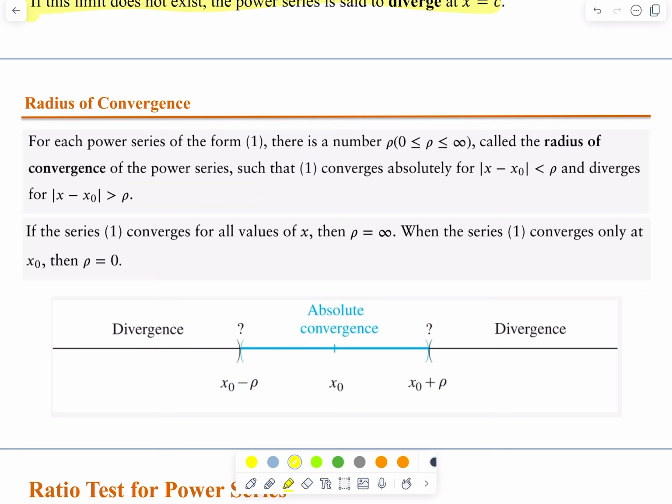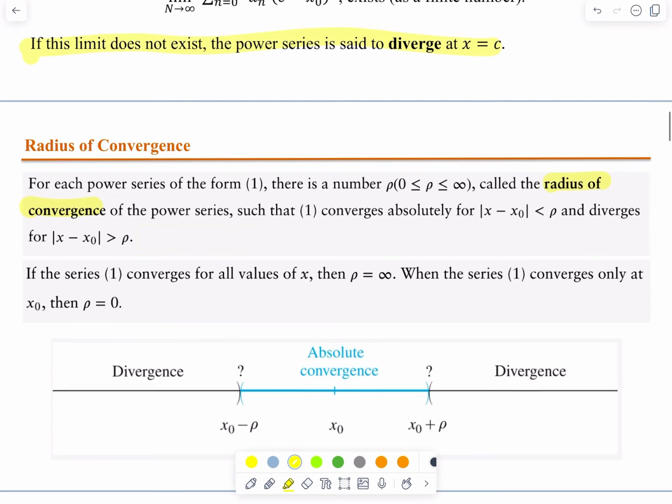This is called the radius of convergence of the power series, such that the series converges absolutely for the absolute value of x minus x naught less than rho, and diverges for the absolute value of x minus x naught greater than rho. If the series converges for all values of x, then rho is equal to infinity. And when the series converges only at x naught, then rho is equal to 0.